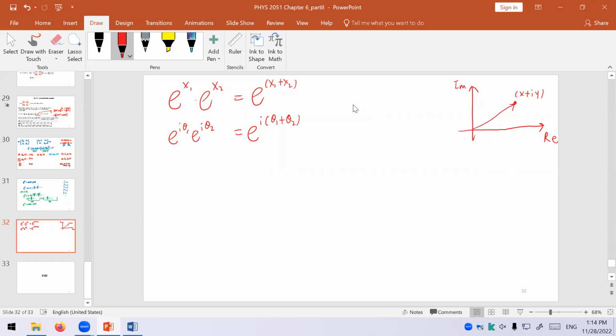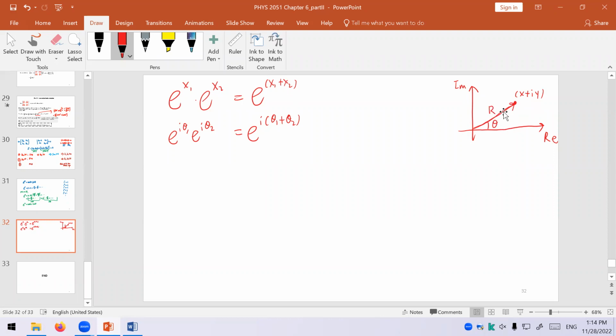Such a complex number can always be written in the following way: I define this angle to be theta, and the length of this line, which is the modulus of the complex number, I call r.